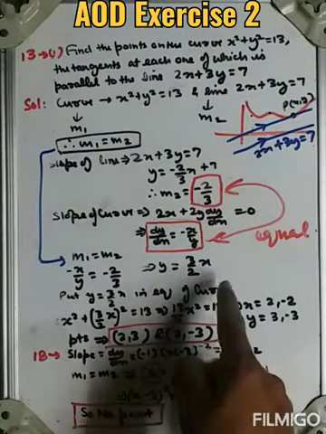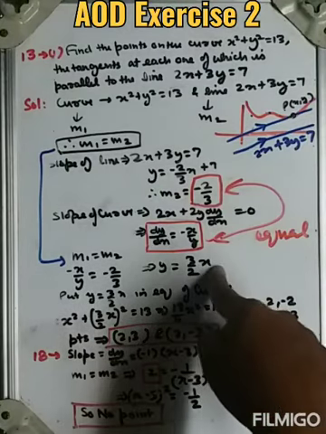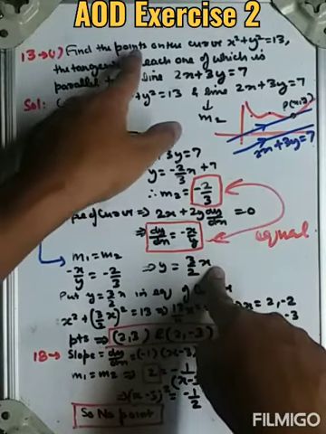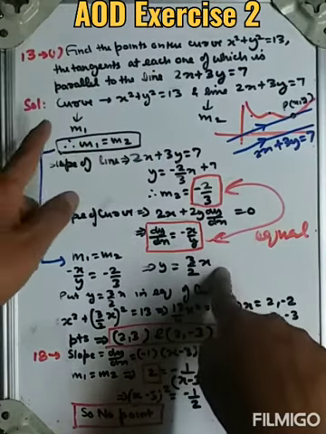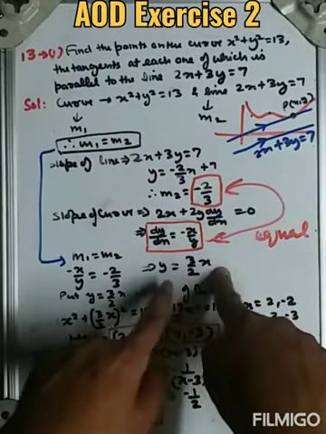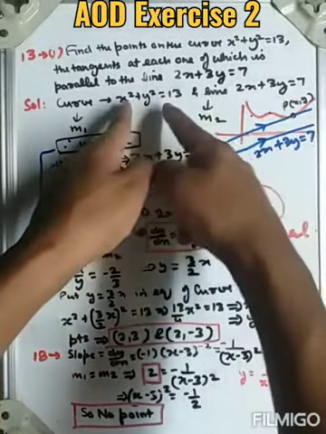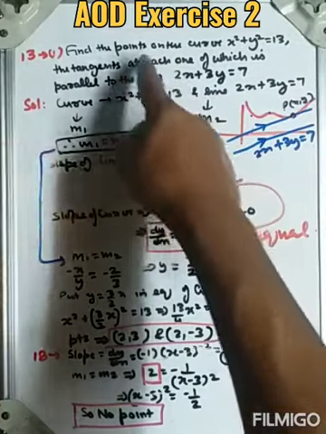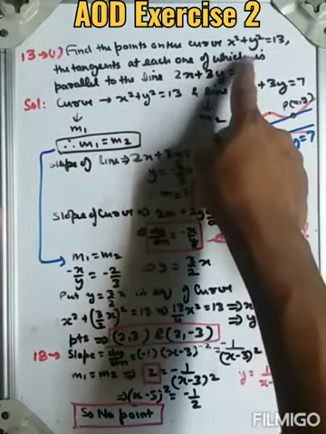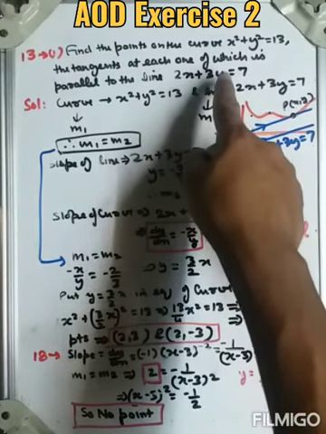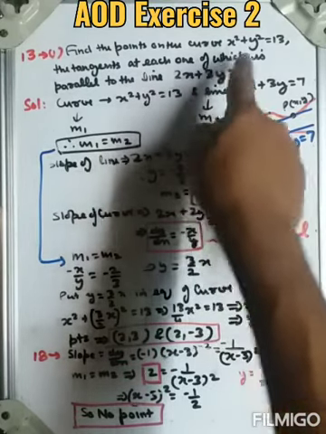We have got y. Now we have to find the point. Point means both the coordinates x and y. We have y in terms of x. So put this value in which equation, this or this? We have to find the point on the curve, not on this line. The line is used only for the slope because they are parallel.